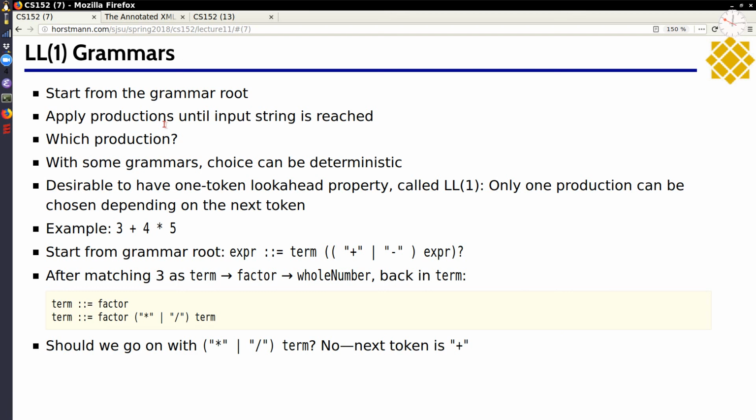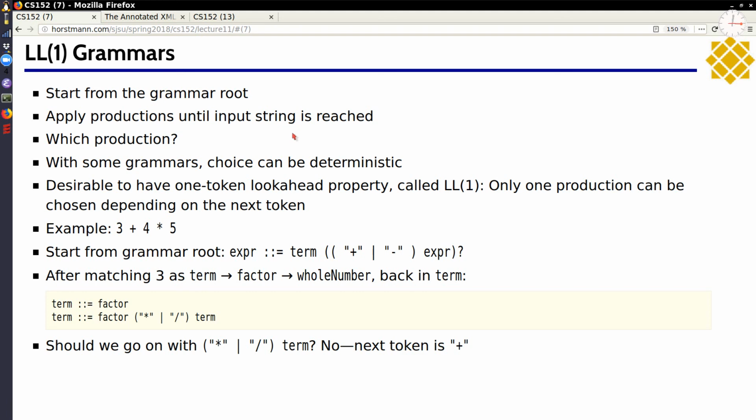So a parser that can make deterministic decisions by just looking at the next token is called an LL1 parser for historical reasons. So LL1 means that the parser knows what choice to make in the next step by just looking at the next token. And so that's a desirable property for parsers. And so generally we want to build grammar rules that lead to that behavior.